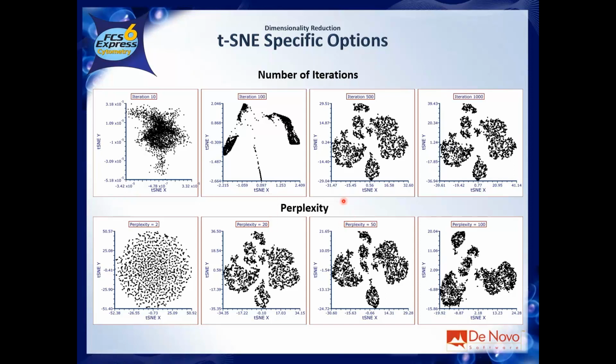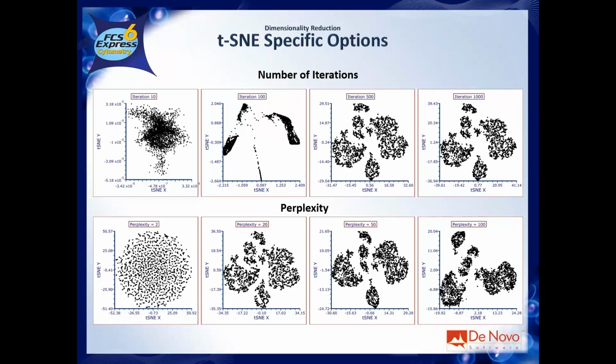The second option that you can change in FCS Express when running tSNE is perplexity. This was not available in the first release of FCS Express 6, but now you have it. So what's perplexity? Perplexity is a guess about how many neighbor points each data point has.